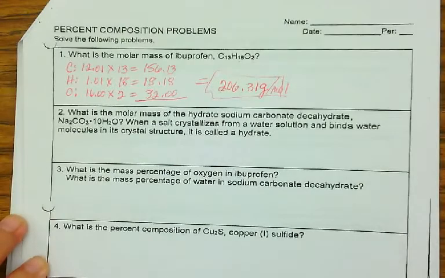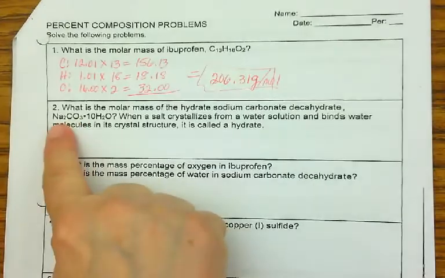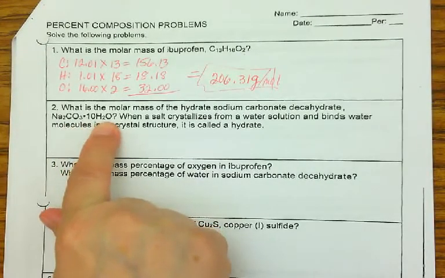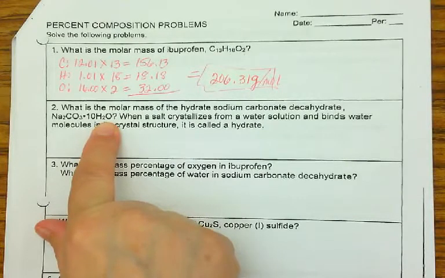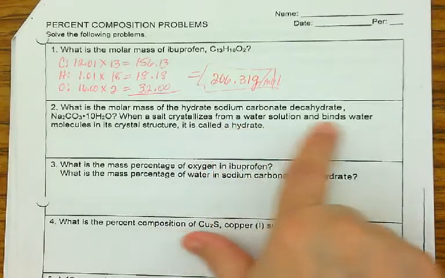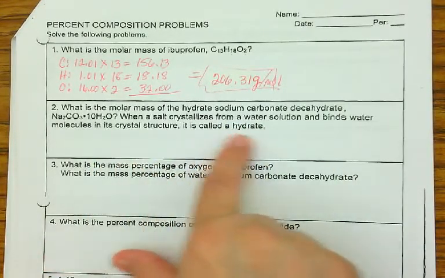Okay, problem 2 says, what is the molar mass of the hydrate sodium carbonate decahydrate? And it gives us the formula Na2CO3 times 10 water molecules. And it says when a salt crystallizes from water solution, it binds water molecules in its crystal structure. It is called a hydrate.